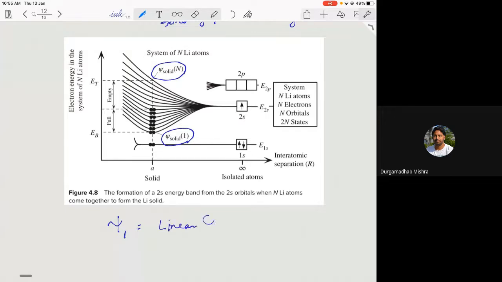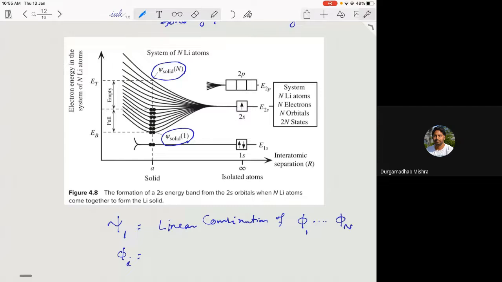Let me say it in another way. We can say this is a linear combination of phi 1 to phi n. And what is phi i?